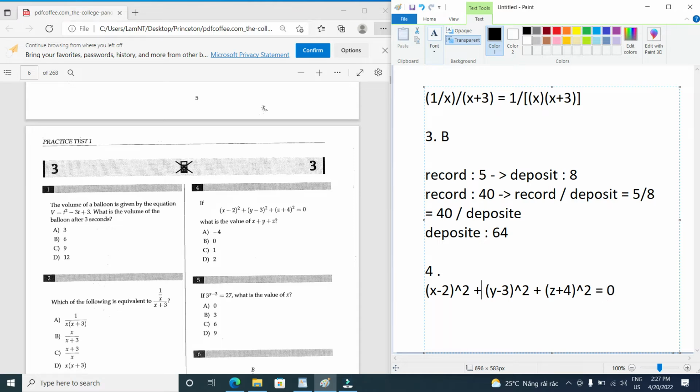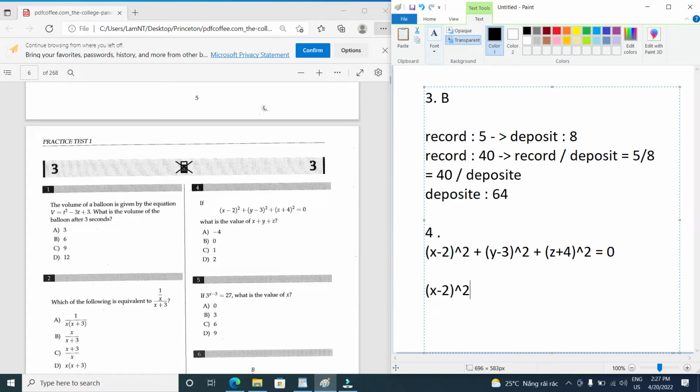First of all, let's observe that each of these squares is greater than or equal to 0. Similarly, y minus 3 squared is greater than or equal to 0, and z plus 4 squared is also greater than or equal to 0.